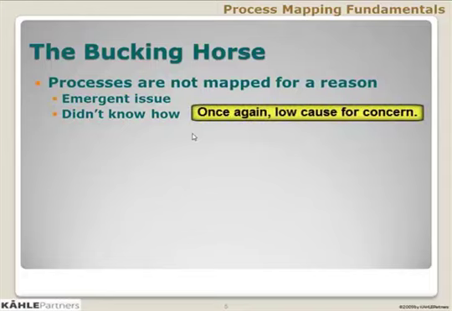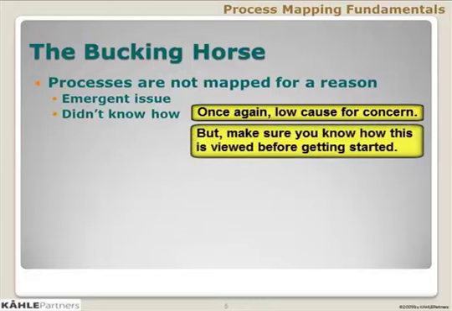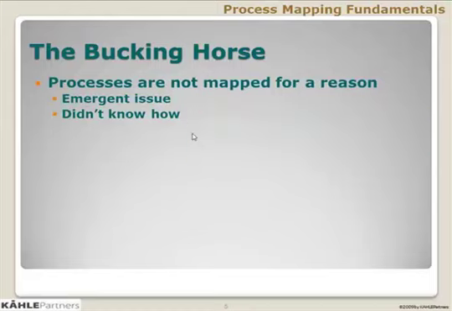However, you need to be mindful that you are inserting yourself into someone else's sandbox, and your ability to map the process may be seen as helpful by the current incumbents, but it could also be viewed by them as a potential threat under one of the other reasons we'll talk about in a moment. You need to understand if the existing stakeholders view mapping their process as a good thing before you get started. You'll probably still have to map the process no matter how they feel, but you're going to want to know their orientation before you get too far down the road.